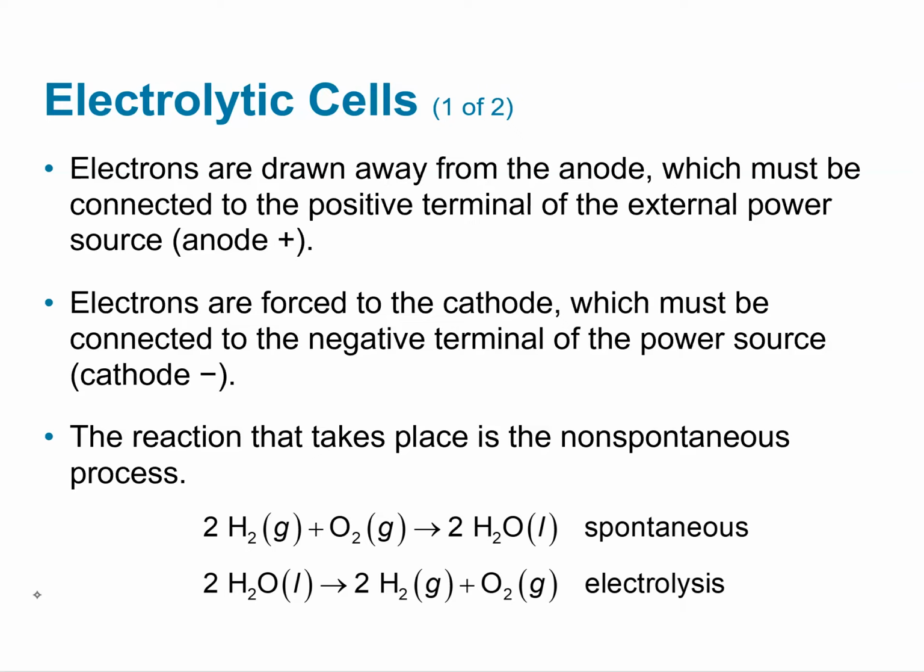So a spontaneous process would be the combustion of hydrogen gas in oxygen to form water. But in electrolysis, we could apply current to water and split it non-spontaneously back into hydrogen gas and oxygen gas components.